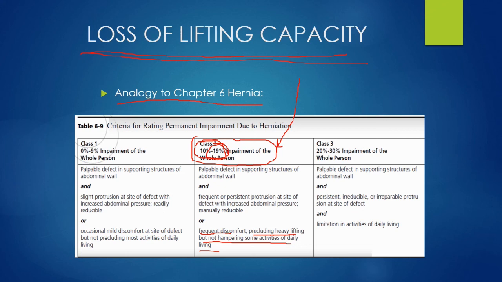He did not have loss of extension or pronation or supination, but he had significant loss of lifting capacity. And so this was the most accurate description of his impairment under Almaraz and Guzman by analogy to Chapter 6 hernia. So you always have this option in those cases where lateral epicondylitis affects the examinee's lifting capacity.